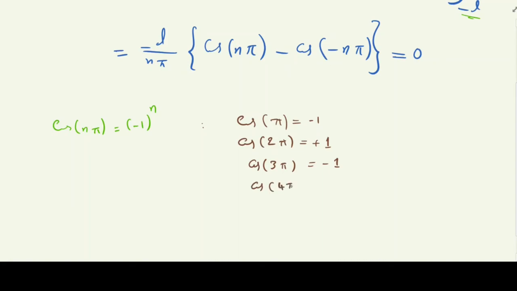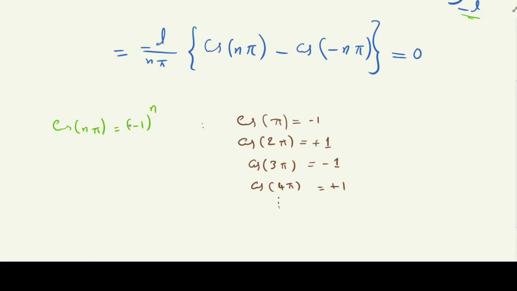Cosine 4 pi is going to be plus 1, and so on and so forth, right? So we can find a pattern here, and the pattern is that if the integer multiplier is odd, then you're going to get minus 1. If it's even, you're going to get plus 1, right?